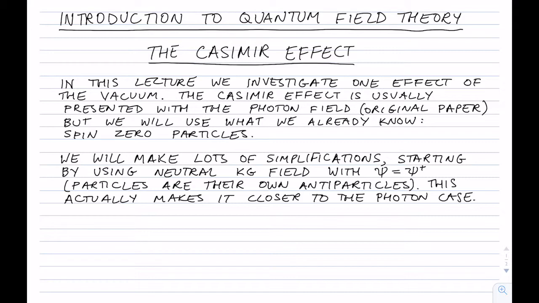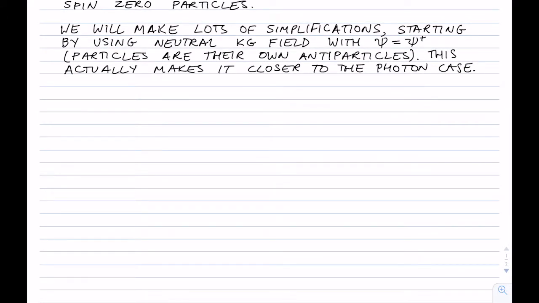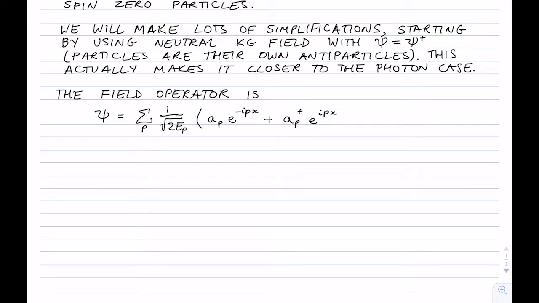So we're going to need to write down a field operator for this case. And because the particles are their own antiparticles, we can write the field operator as a sum over all the momenta. And p·x here is p^μ x_μ. And so now, because the particles are their own antiparticles, a_p will destroy a particle or an antiparticle, and a_p dagger will create a particle or an antiparticle.